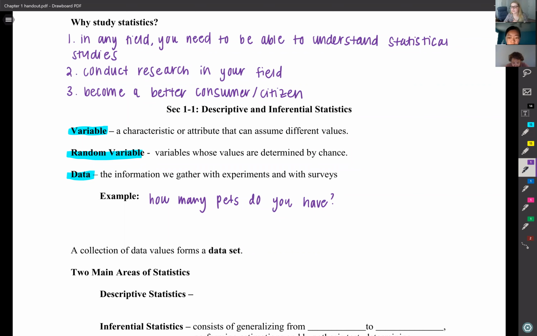So if I surveyed 50 people that I know and they told me how many pets they had, those answers that I got, that would be my data. Another example is maybe how old are you? So the answers to these questions would give you your data. So like it says, we usually gather this information with experiments and with surveys. So these are just some examples to get you thinking, like people's ages, how many pets they have, maybe your majors, that's all data.